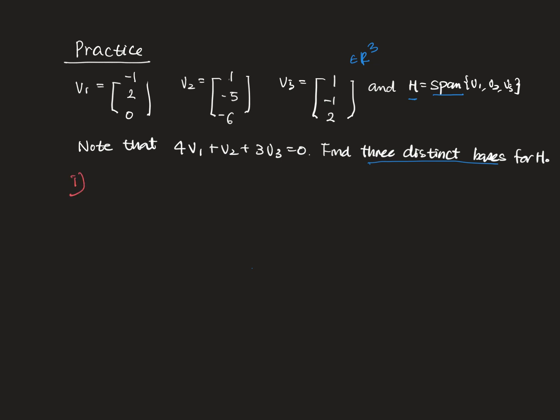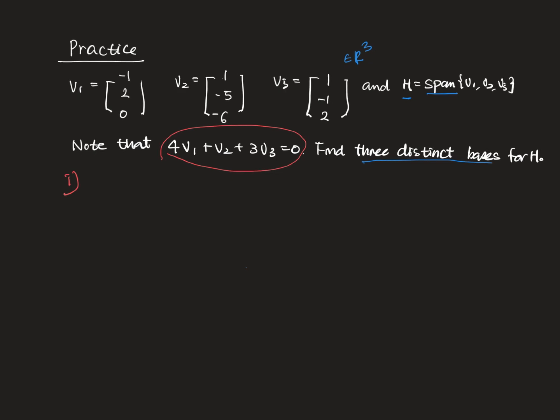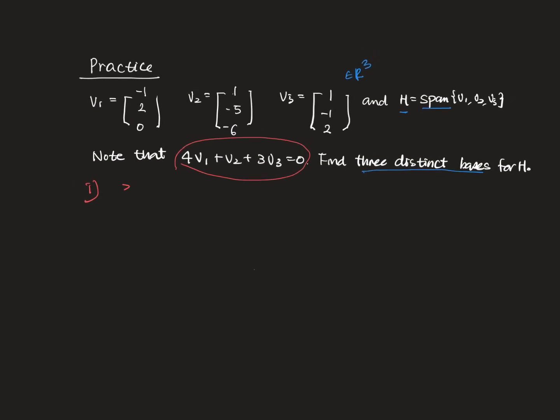First, I'm going to rewrite this form. I want to solve for V3 first. So 3V3 equals negative 4V1 minus V2. So V3 equals negative 4 over 3 V1 minus 1 over 3 V2.